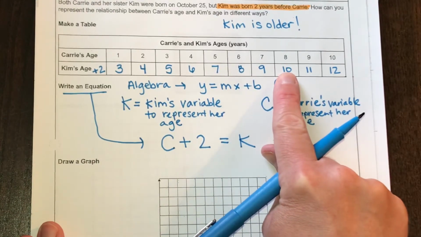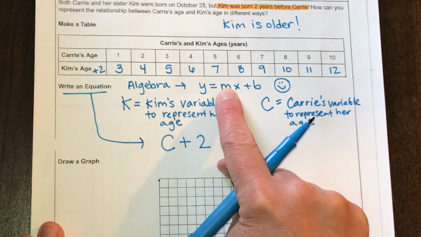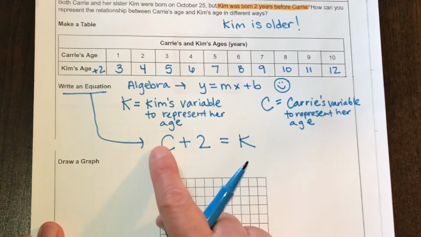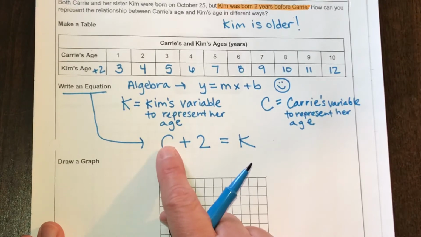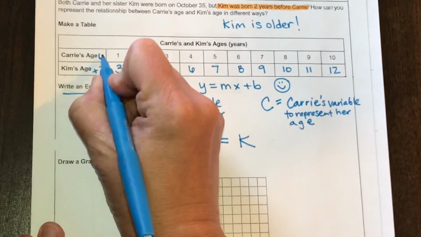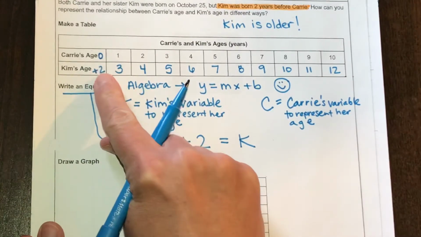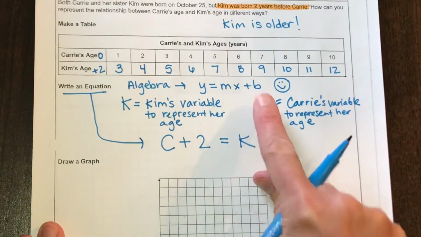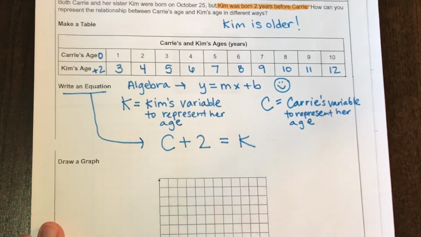You see how that's going up by 1? My slope would be going up by 1c. Not 2c, not 3c, 1c. And you see where we would start at? If Carrie was 0, Kim starts at 2 years old. And that is our starting value.